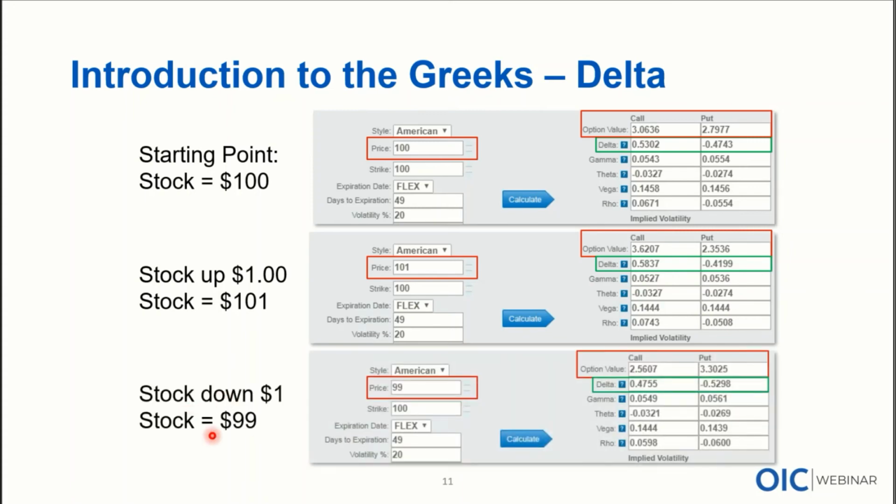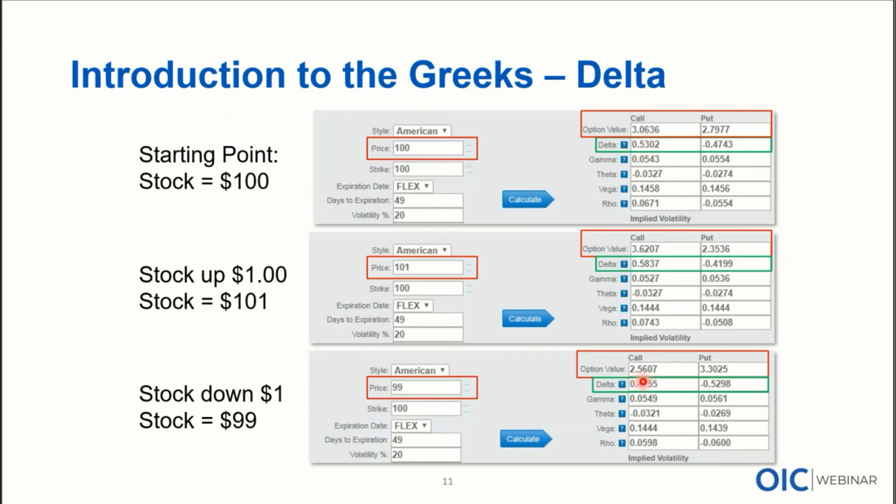If the stock went down by $1, just looking at our starting point of 100 with these numbers again, 306, stock moves down $1. Delta's suggesting that the option value is going to drop by 53 cents. That means the option would be worth $2.53.